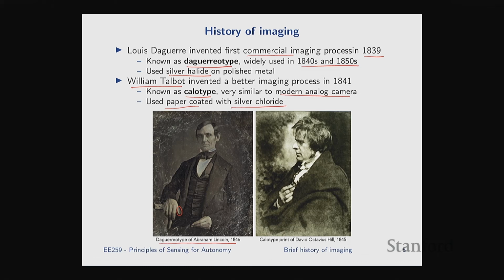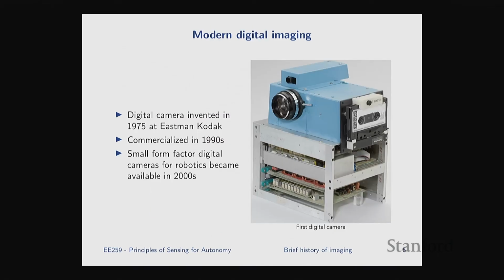So the calotype was a better process, which is why the daguerreotype eventually got phased out and the calotype evolved into modern analog photography. On the right, you see a calotype captured at about the same time as the daguerreotype of Lincoln. Then, fast forward a few decades, we get to the modern age of digital photography.